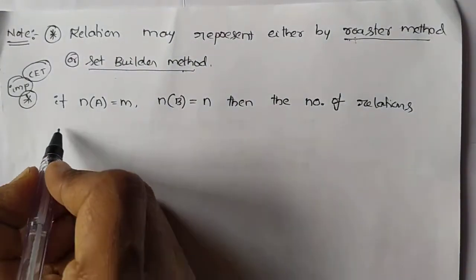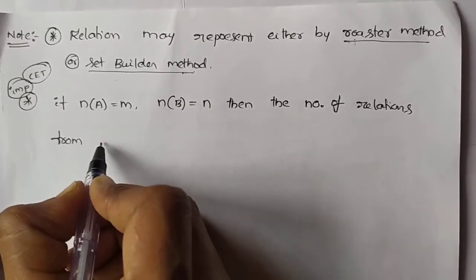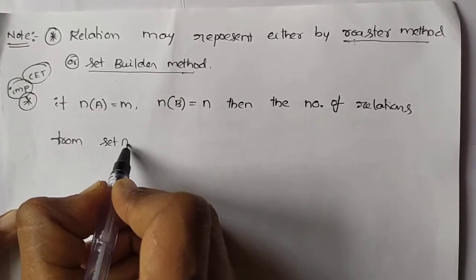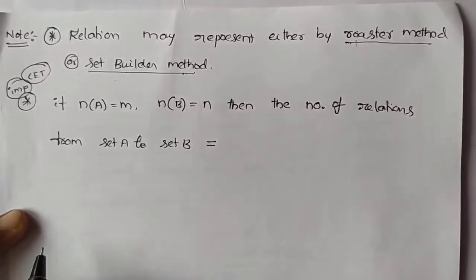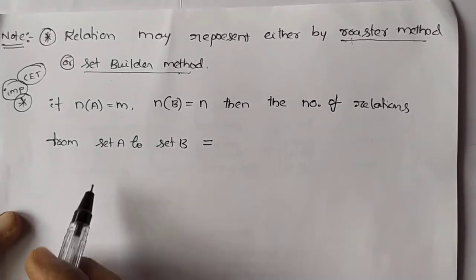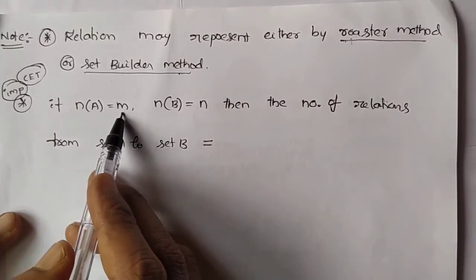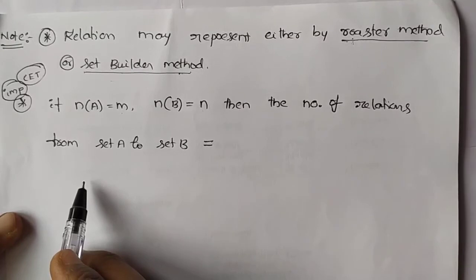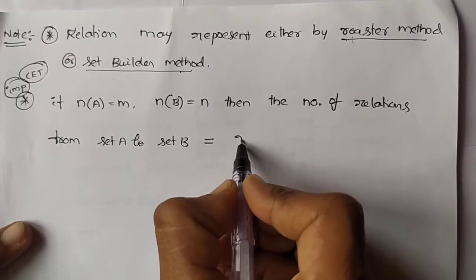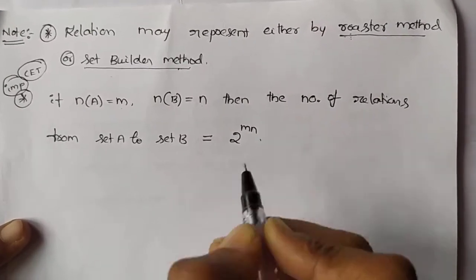Then the number of relations from set A to set B is 2 power m into n.